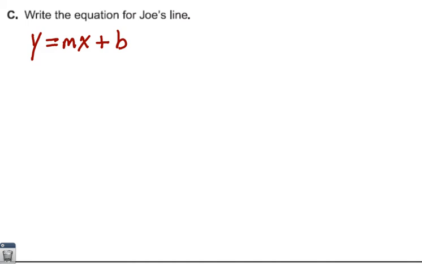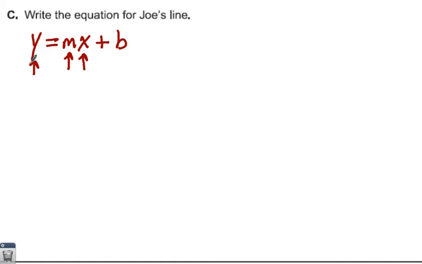So to use this formula to get an equation, we need to know m and we need to know b. But we don't know b right now. That's kind of the thing. But we can still use this equation by plugging in a pair for x and for y, and then we can solve for b.